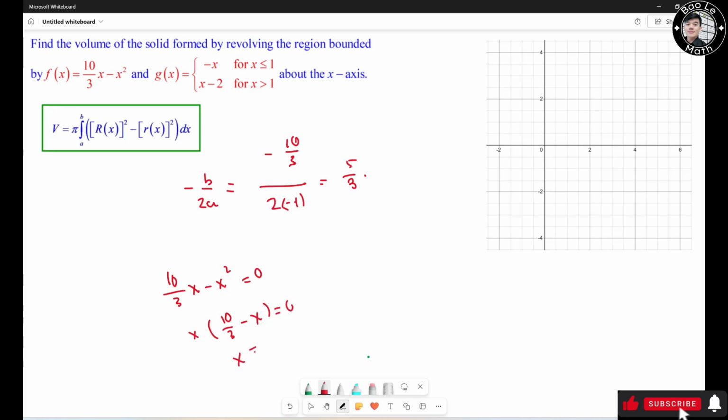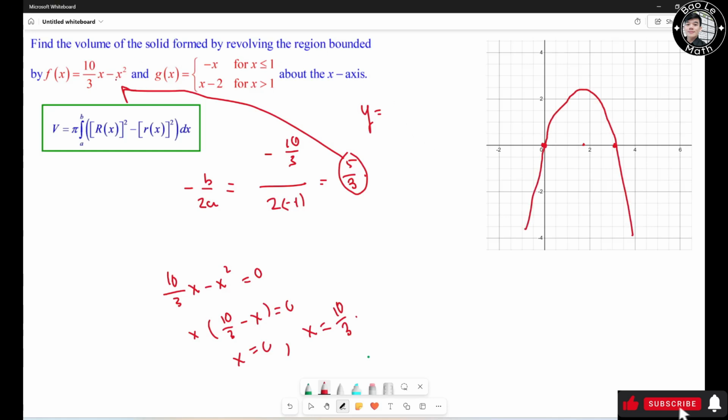Then you have x equals 0, and another x should be 10 over 3, which means 3 point something, so it could be right here. If you graph it, it's going to be something like this.